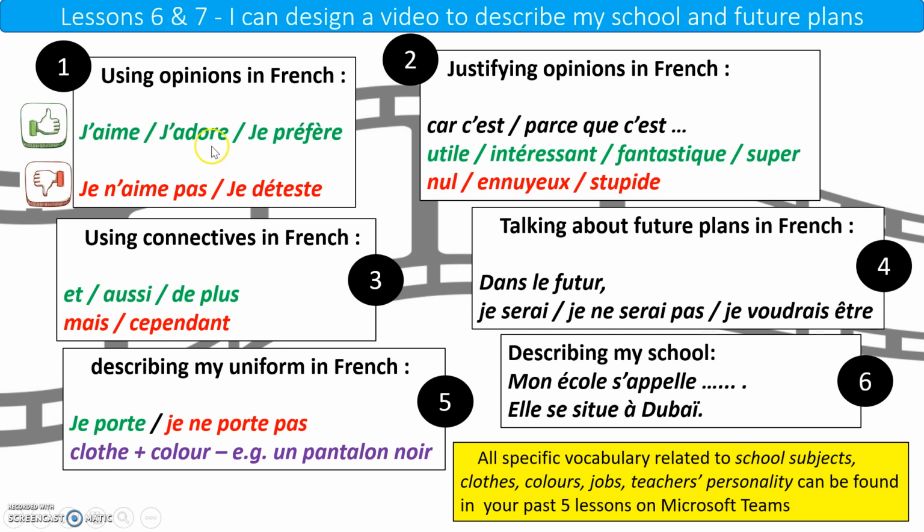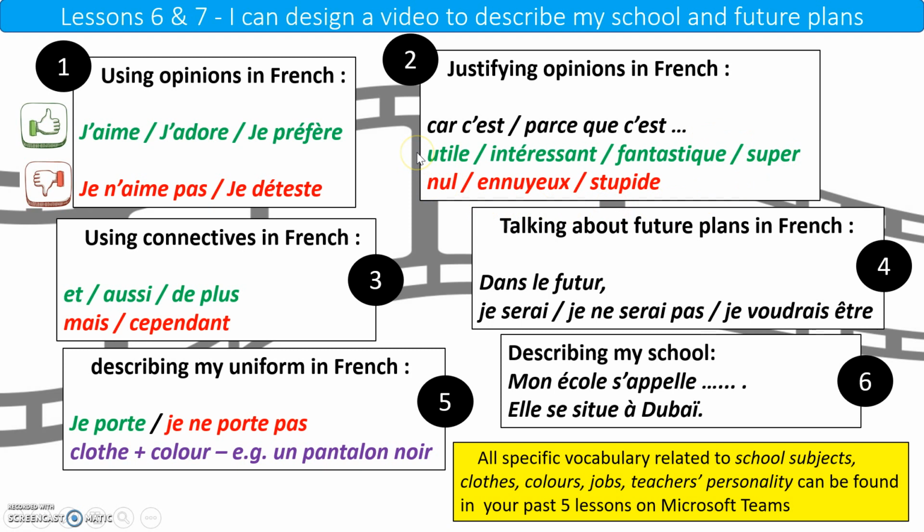Now, as you know, when we start giving opinions, what is even better is to justify these opinions. So that's my box 2, justifying opinions in French. You have car c'est or parce que c'est. You know now that both these expressions mean because it is. And then you're going to continue this sentence with adjectives.